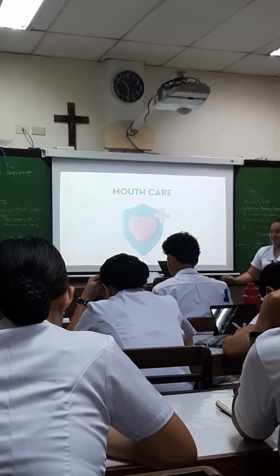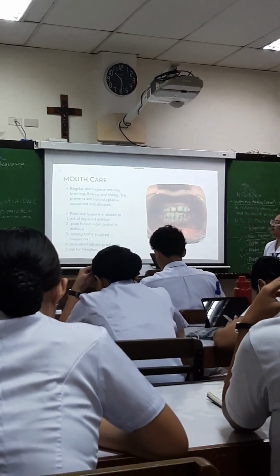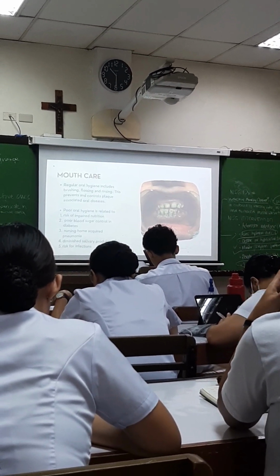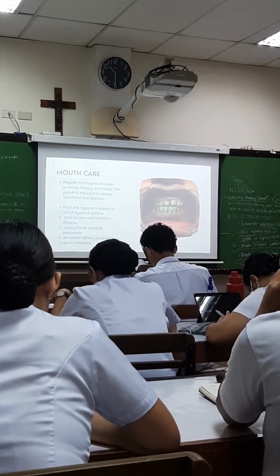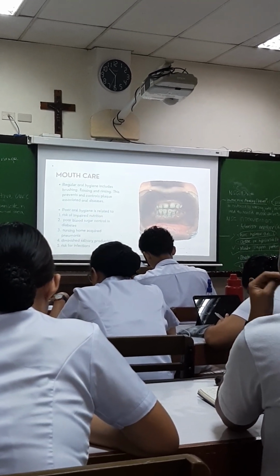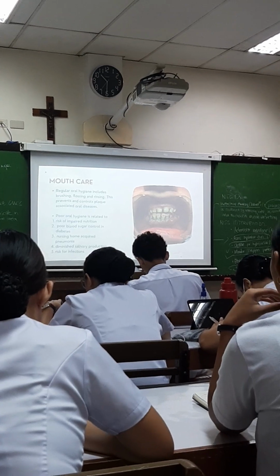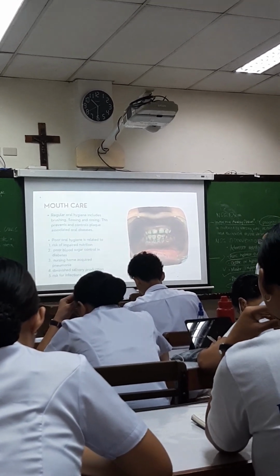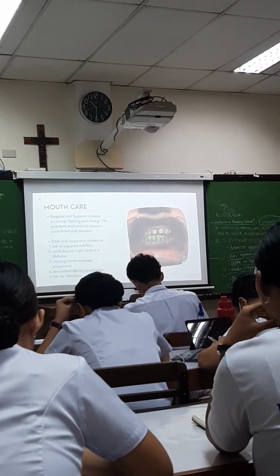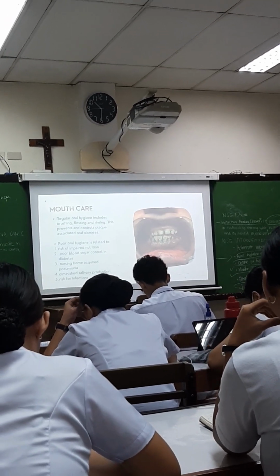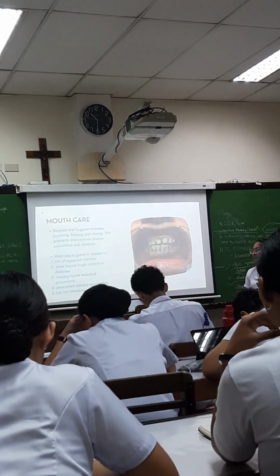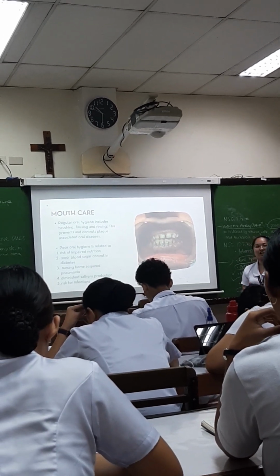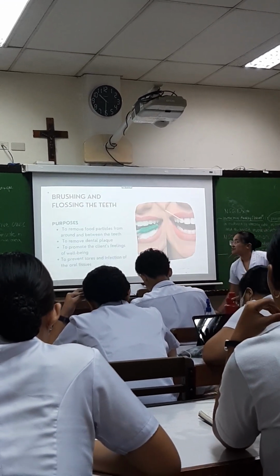So, mouth care. Regular oral hygiene includes brushing, flossing, and rinsing. This prevents and controls plaque-associated oral diseases. Poor oral hygiene is related to risk of impaired nutrition, poor blood sugar control and diabetes, nursing home acquired pneumonia, diminished salivary production, and risk for infection.